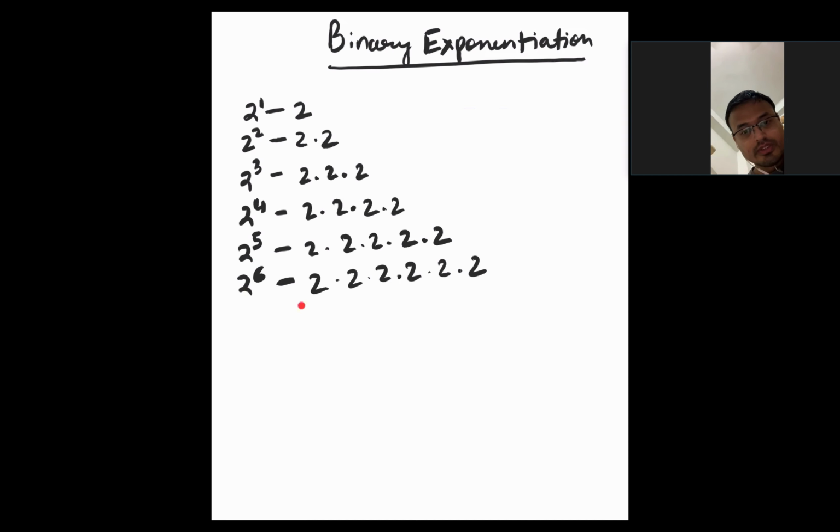So 2 raised to power 6, can we write it as the square of 2 raised to power 3? Yes, we can write it as 2 raised to power 3 squared. What about 2 raised to power 4? Similarly we can write 2 raised to power 4 as the square of 2 raised to power 2.